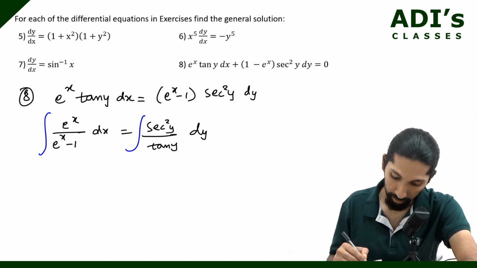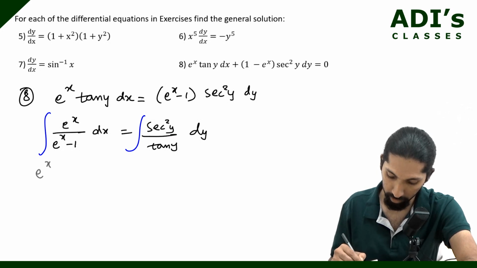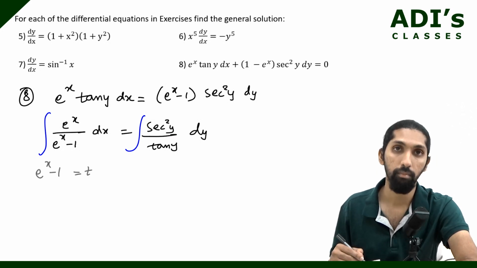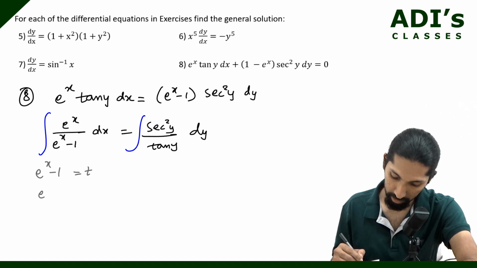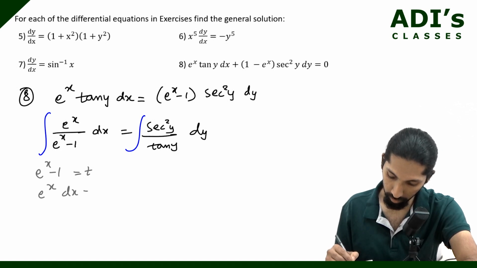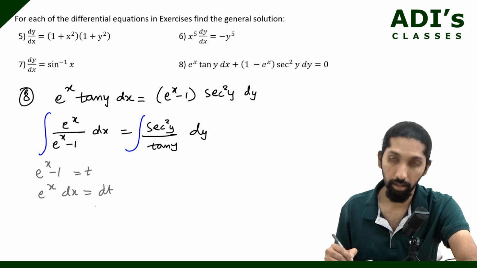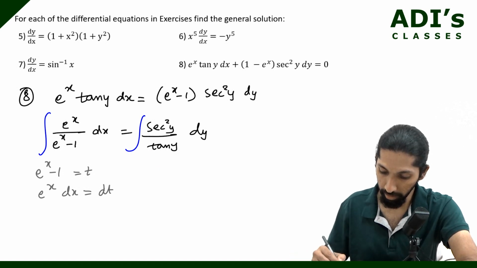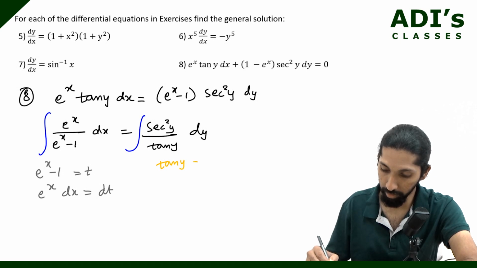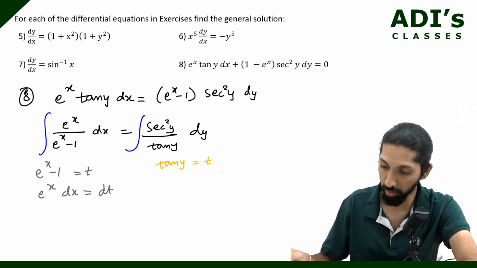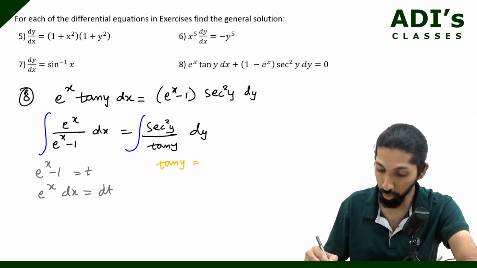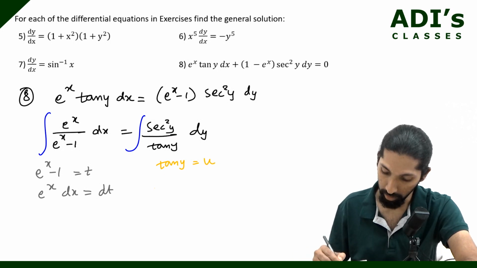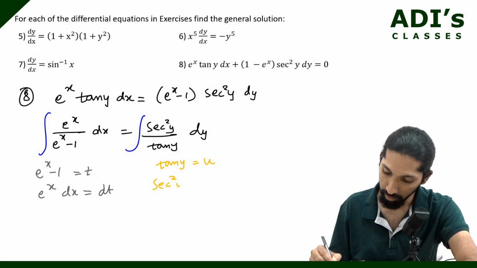Take e power x minus 1 as t. Then e power x dx is equal to dt. For the next one, take tan y as t. Sorry, we already have taken t. Let's call it u. Then secant square y dy is equal to du, correct?